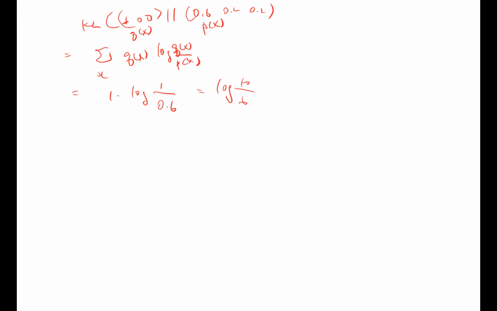And by the way, I have this KL-divergence of Qx and Px in general. I can write this as the sum over x of Qx log Qx over Px, right?